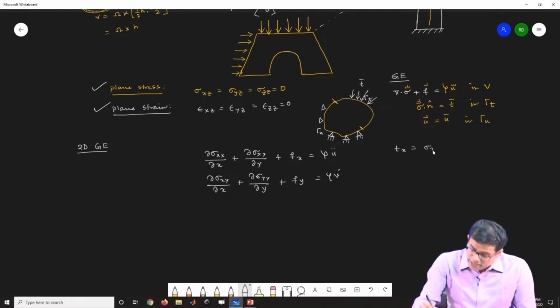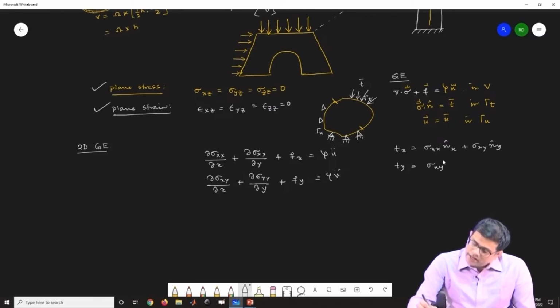Tx is σxx nx plus σxy ny. So these are the unit normal components. So Ty is σxy nx and σyy ny.